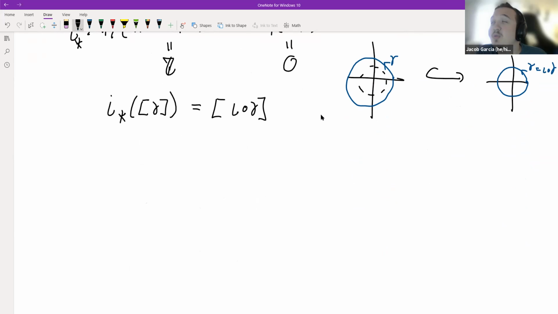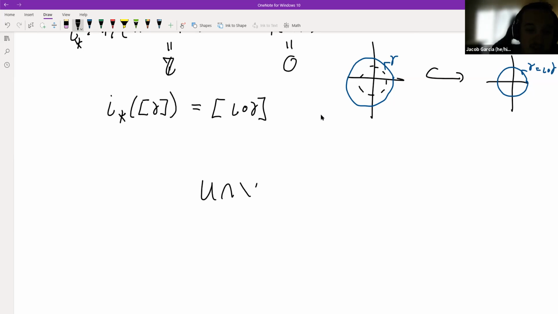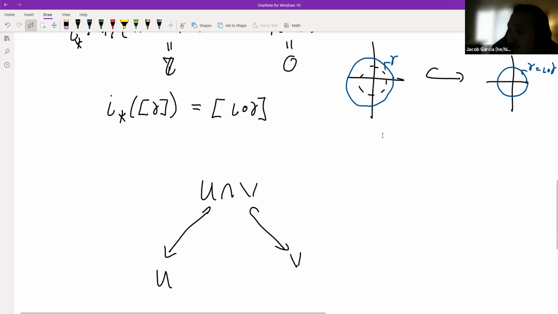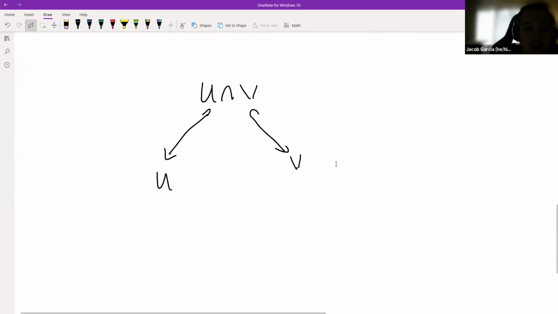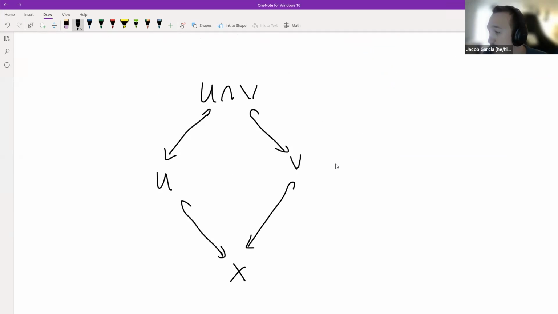Yeah, so the way that I think about these relations is that when I have U intersect V, this includes one direction into U, and it includes one direction into V, right? And then these two sets both include into the original space X. And then there are other things that you do in order to make the pushout happen.